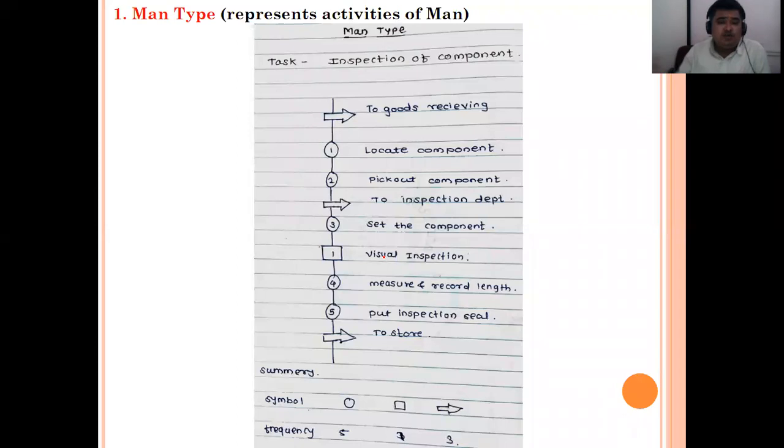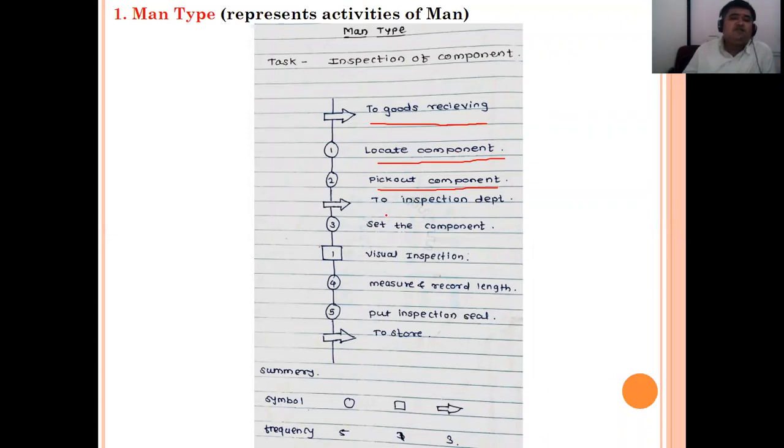First he will receive the goods, the goods which are in transportation from another machine or from storage. So first is goods receiving, shown here with the transportation symbol. Then locate the component. He will keep the goods on the machine, which we can call loading to the machine, pick up the component. He will take the goods, put them on the machine, and go for fixing it.